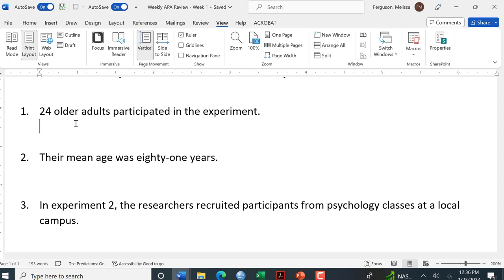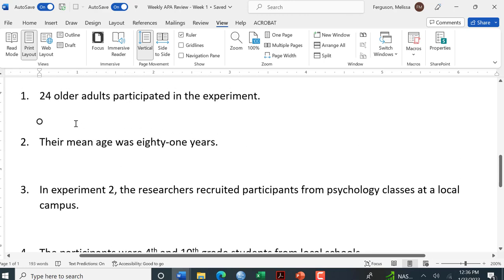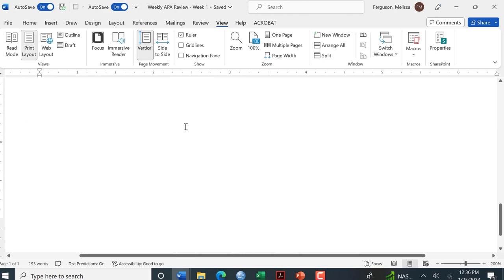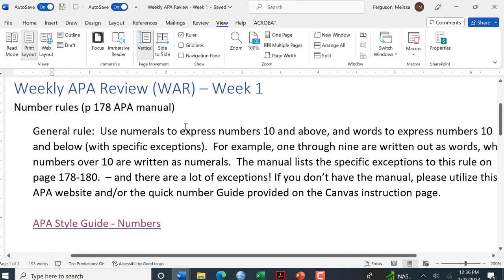Sometimes I've tried to fix most of the other typos and things that have been found in here. So you're going to go through all of these. Again, you're going to highlight what's wrong. You're going to copy the sentence and you're going to rewrite it for me and tell me what rule that sentence was violating. And they're normally pretty short, 4 to 5 questions typically. If you have any questions, please feel free to visit me in office hours and I'm happy to go over it with you more.